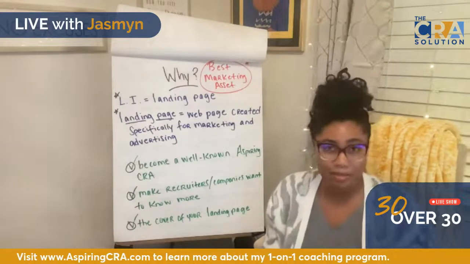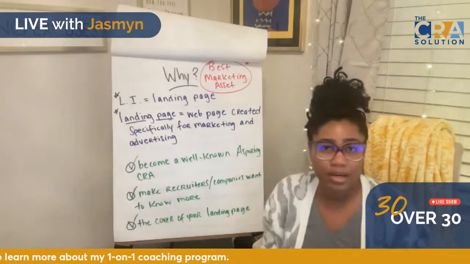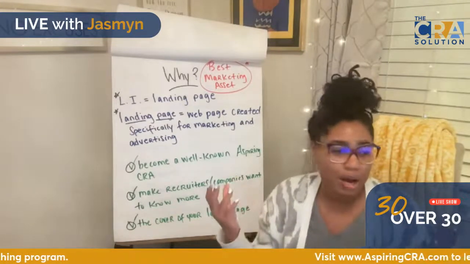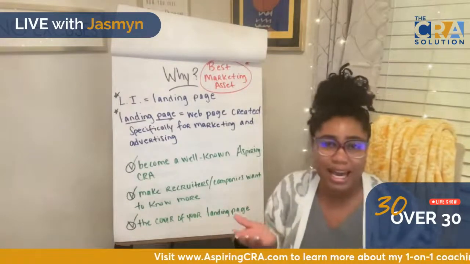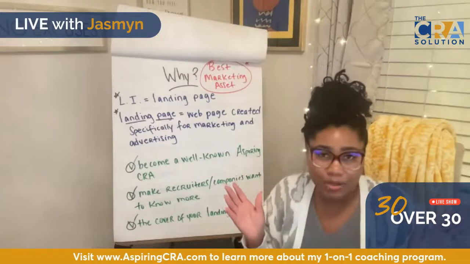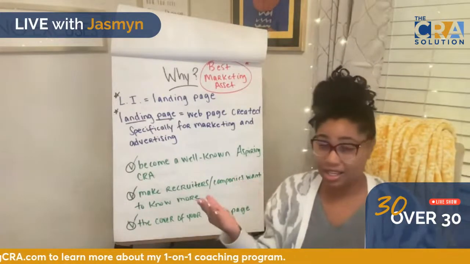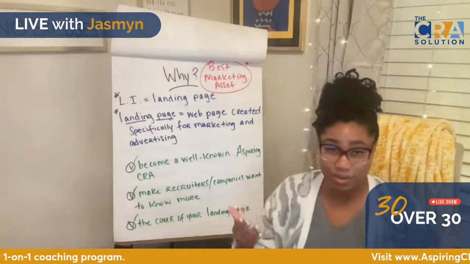So going back to the business analogy, if you were looking to go to a new hair salon or a new clothing store or a new accountant, and you pulled up, and there was no sign on the building, it was just a door, and nobody was in the parking lot, and there was no indicator that this was the right place.